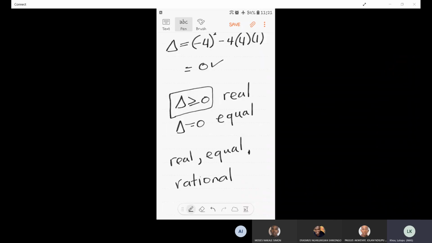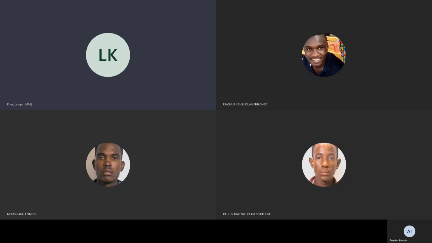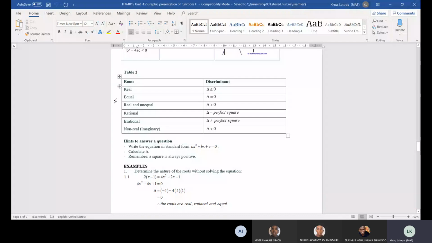Let me share the Word document so we can just see. Okay, let me know if you can see the table. This one here. Can you see table 2?